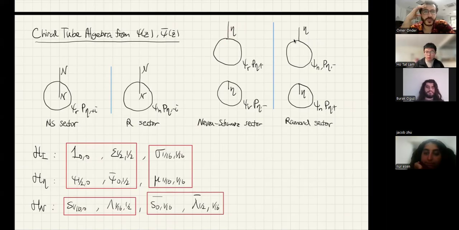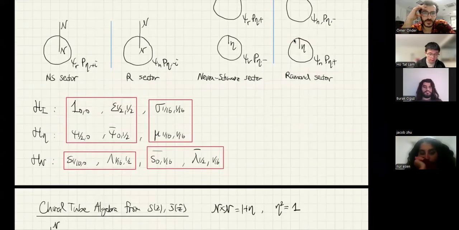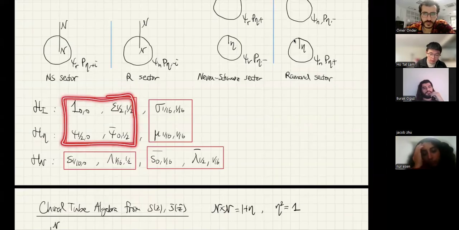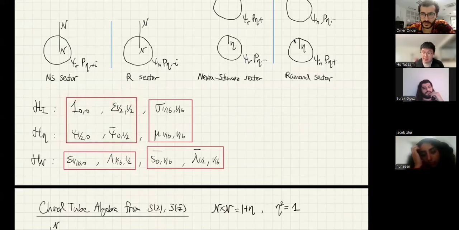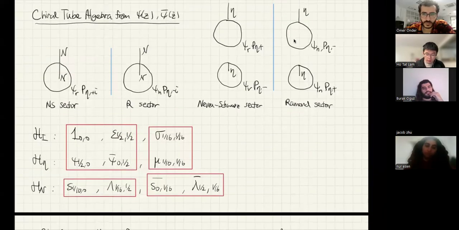As a result, you can organize the spectrum into representations under the NS sector fermionic algebras and under the Ramond sector fermionic algebras. It turns out that if you look at the spectrum, it is precisely organized into representations under these NS sector or Ramond sector algebras. For example, these operators form representations under the NS sector algebras. And these operators are all charge neutral.